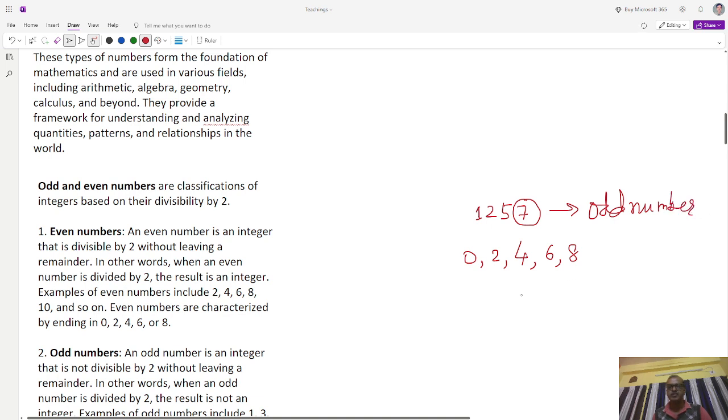Take another number, 57618. The last digit or unit digit of this number is 8. 8 is even, so the number is an even number.